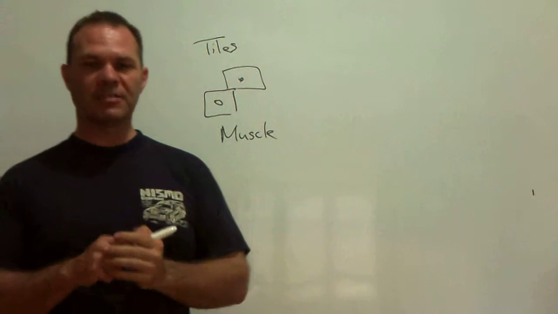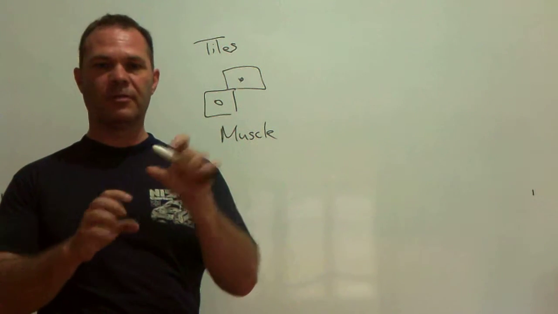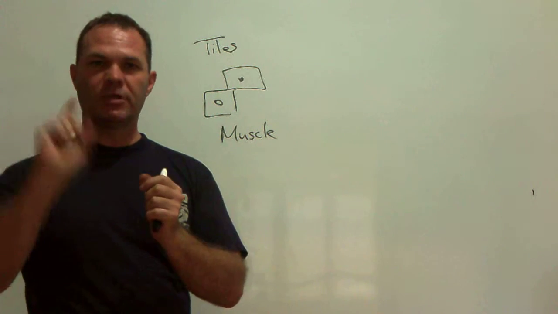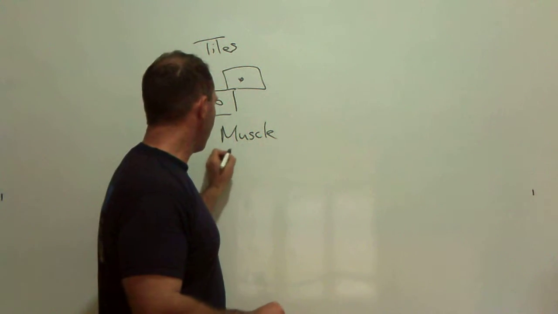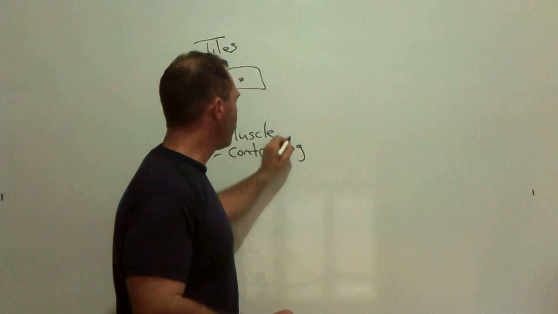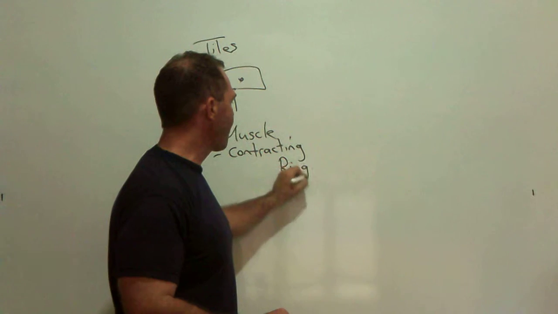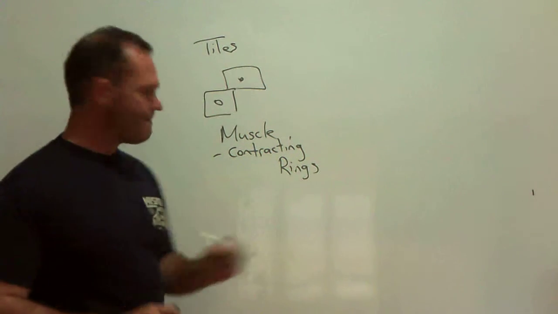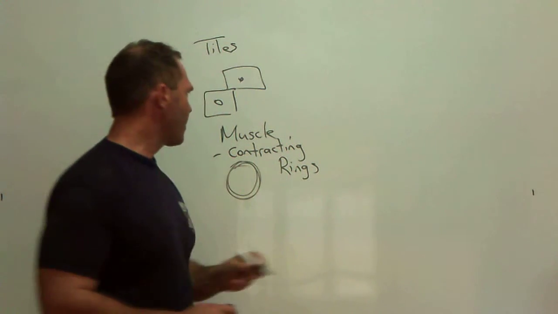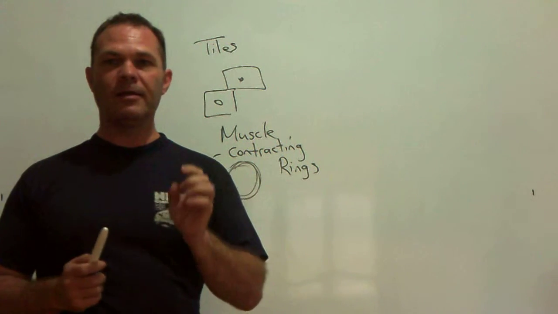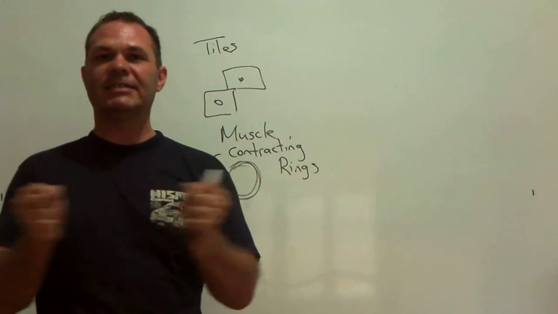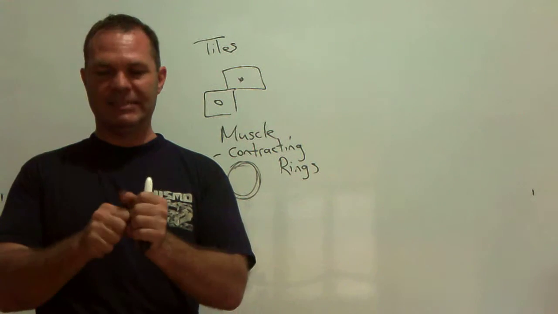I have muscle, rings of muscle that I can slip over a blood vessel and make them contract. So contracting rings. And lastly, I've got some elastic tissue that I can play with, like elastic bands.